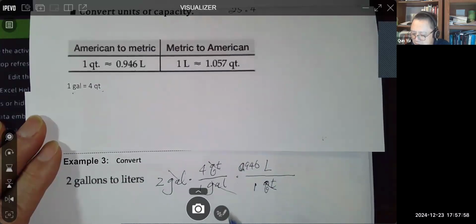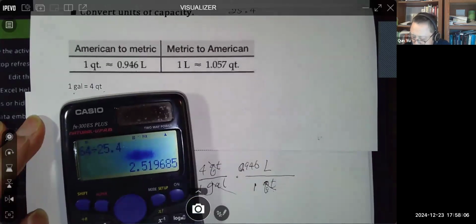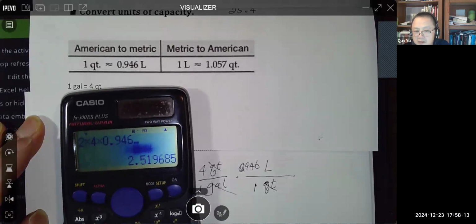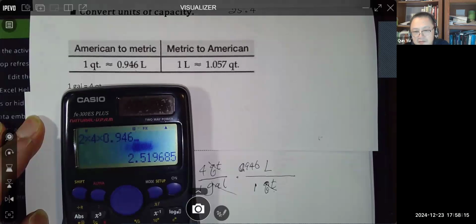Now, since both are 1 on the bottom, we don't need to worry about them. I just multiply 2 by 4 by 0.946. So 2 times 4 times 0.946. Double check. Take 2 decimal digits, 7.57 liters.